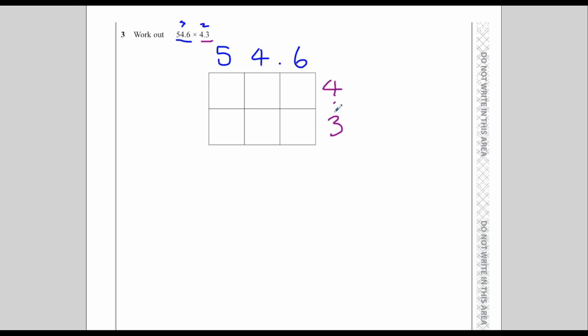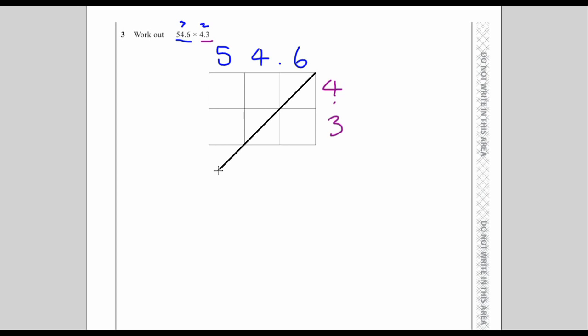Now we are going to multiply in the grid each number by each other. So 6 times 4 is going to be 24, but the method requires us to split it up into 2 and 4.